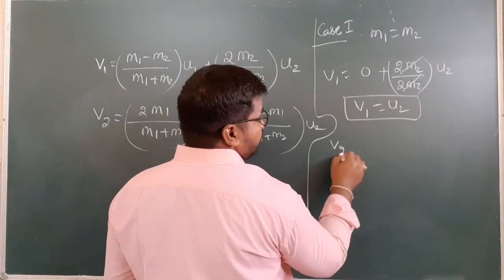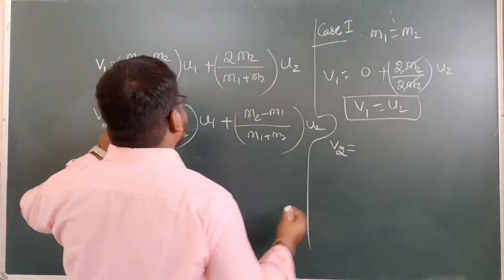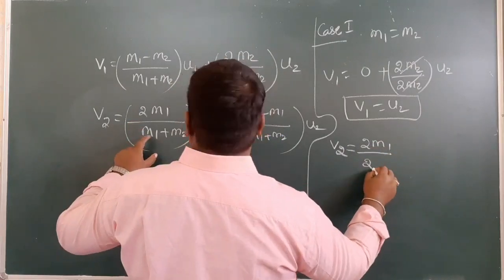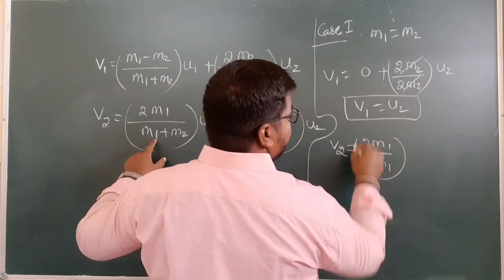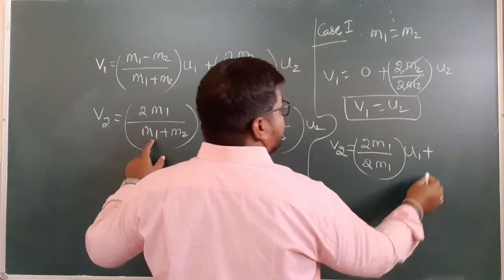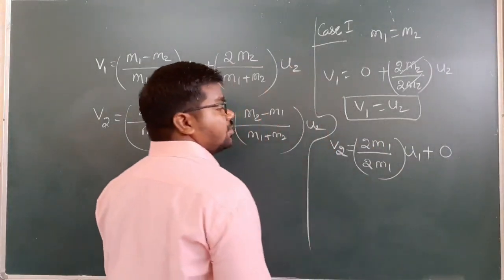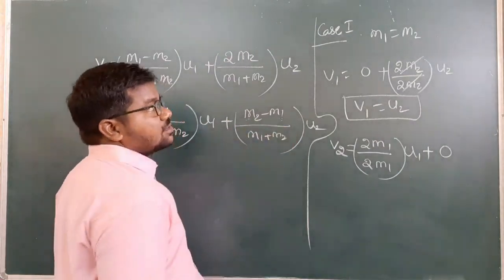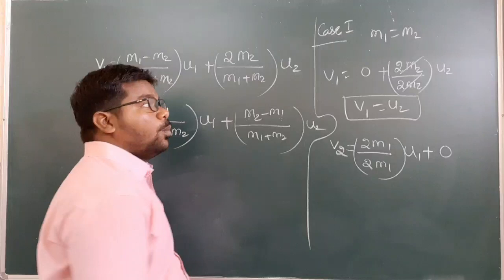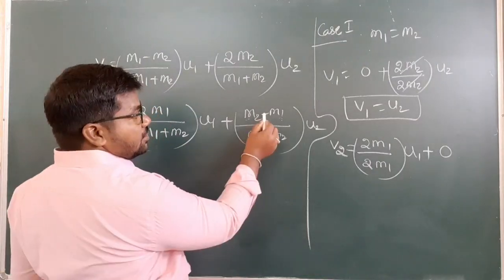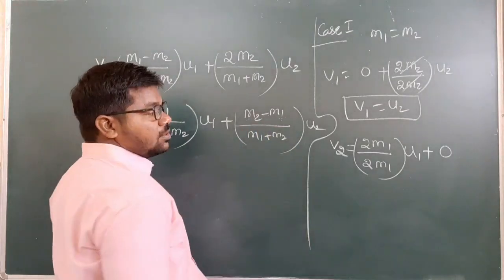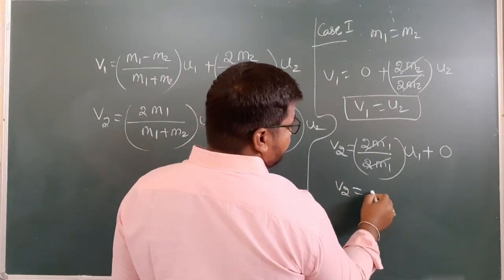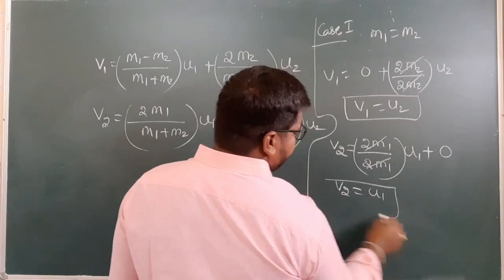Next, v2 is equal to 2m1 divided by 2m1 into u1 plus 0. How does it become 0? Both have the same mass, so mass minus mass is 0. So 2m1 gets cancelled. v2 is equal to u1.